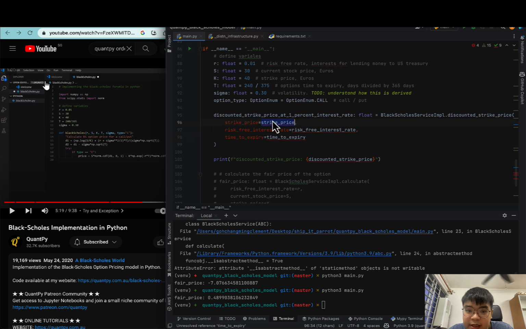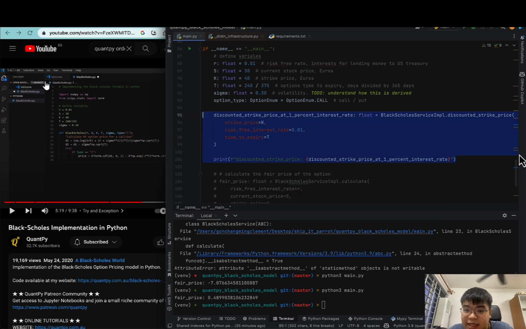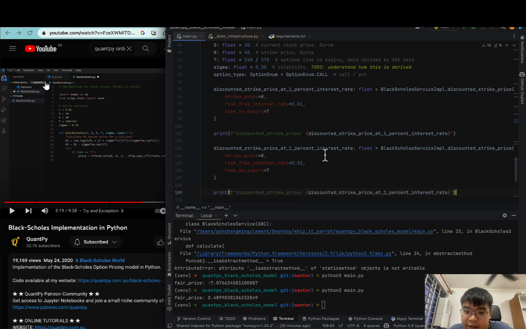This would be strike price, so in this case it's K. Risk-free interest rates would be 0.01, and the time to expiry would be T. So we can print this, and let's say if I wish to see how that would change at 2%, then this would be like this.